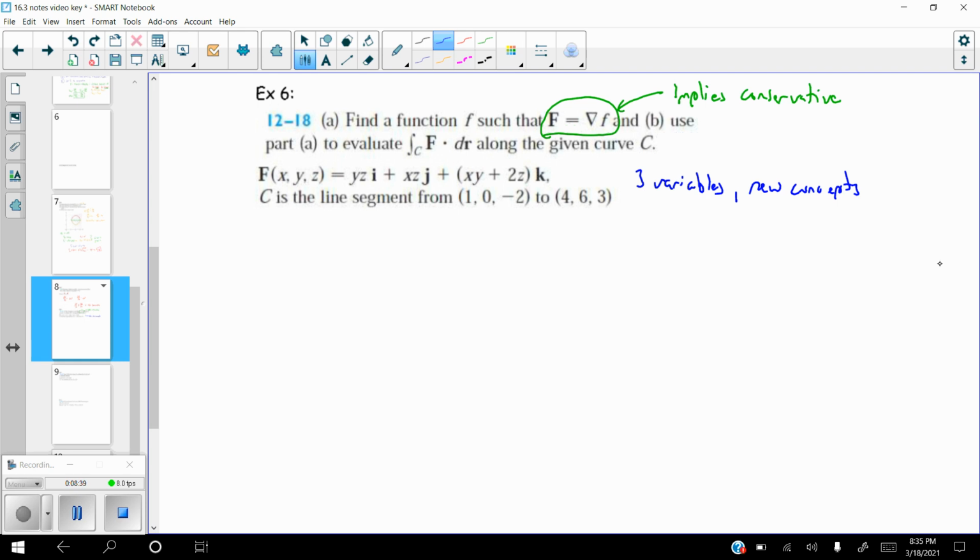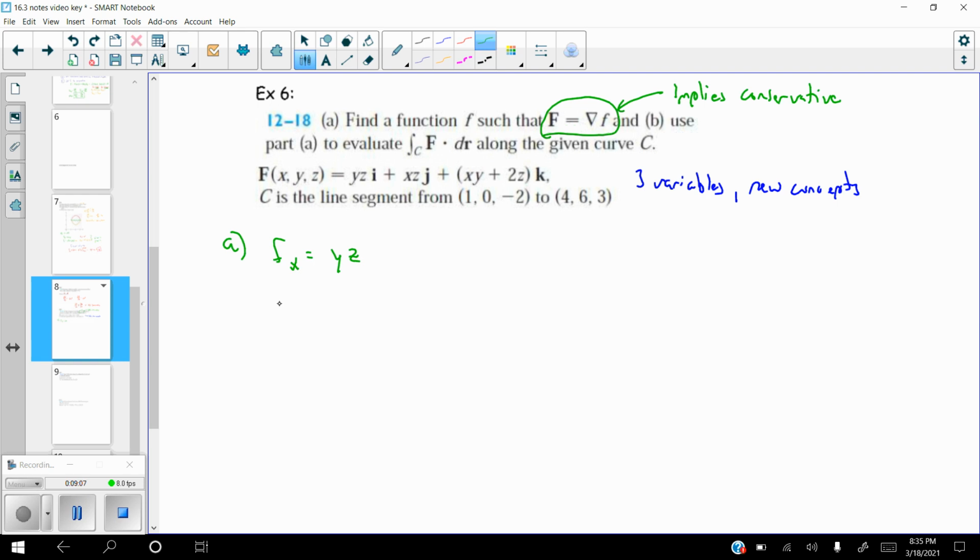The general idea starts off the same way. So part A, we still want to find lowercase f. Well, if we are assuming that capital F's vector field is defined to be the gradient, that means that f sub x is the component of x in the force, which is yz.